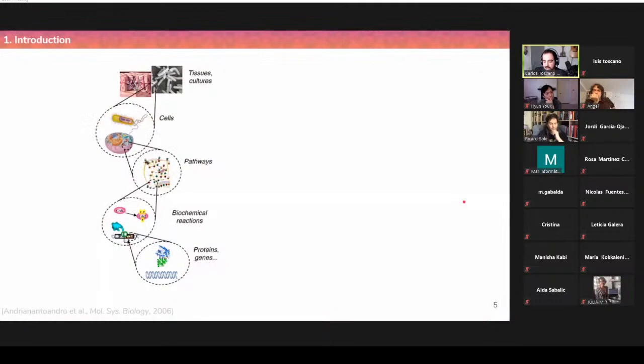So let's start. This shows one of the main points of view, or objectives, of synthetic biology, which is trying to develop synthetic tissues or engineered cells by combining proteins and genes in an incremental complexity until we reach that stage.